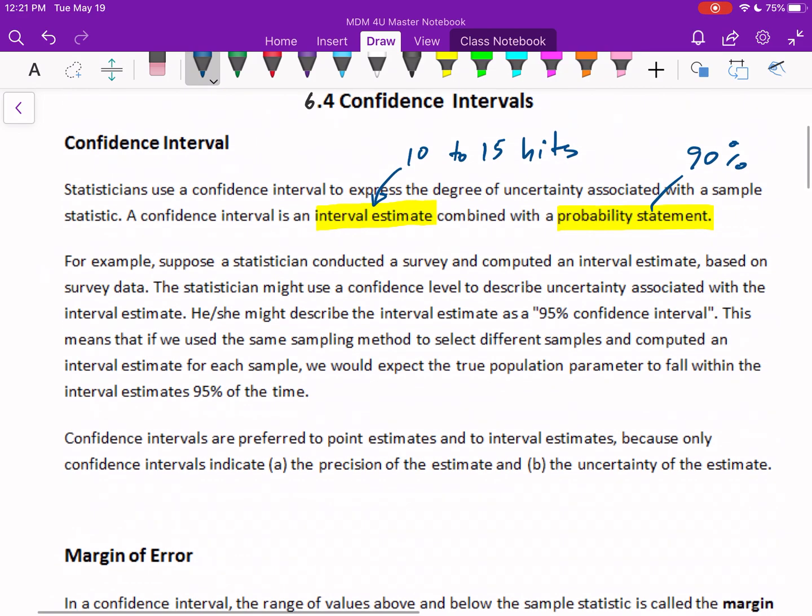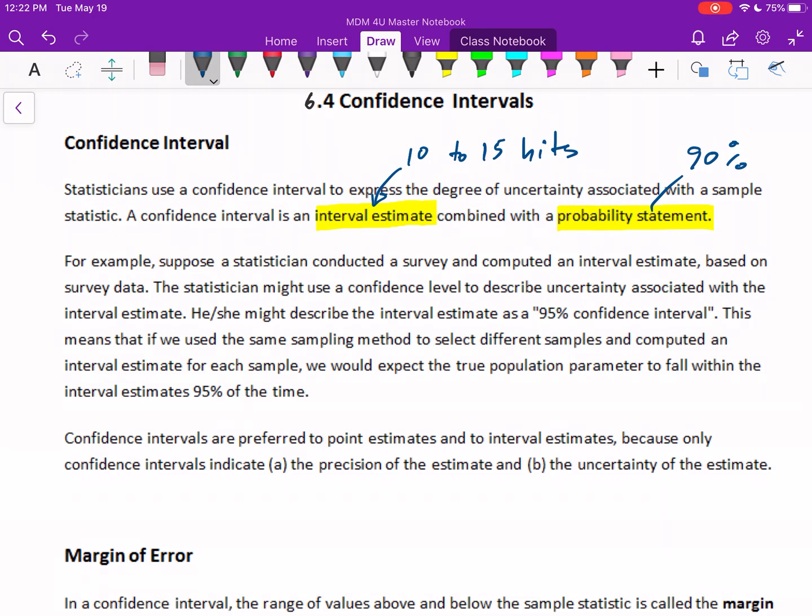Let's go back to my example from a second ago, 10 to 15 hits. Let's say that I was able to be 90% certain that in any given baseball game there'd be 10 to 15 hits. What if I wanted a 95% confidence interval? How would that change things? Well, if I want to be more certain that a given value will fall within a range, it would stand to reason that I would need to make that range bigger.